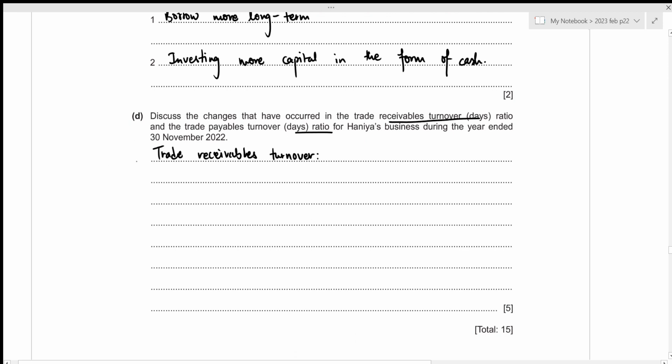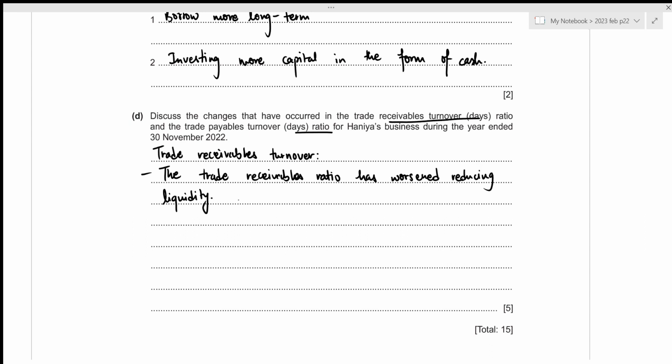Let's write it down. The trade receivables ratio has worsened, reducing the liquidity. So if it's taking a longer time for us to receive the money from our credit customers, then this might mean that there's a higher chance of irrecoverable debts.